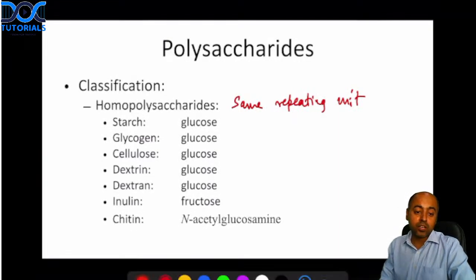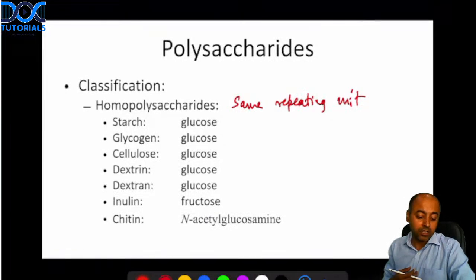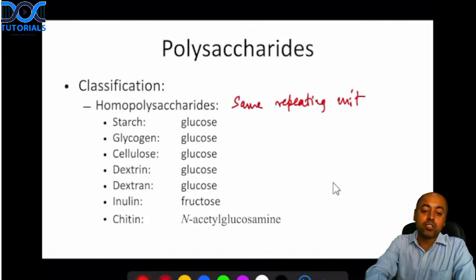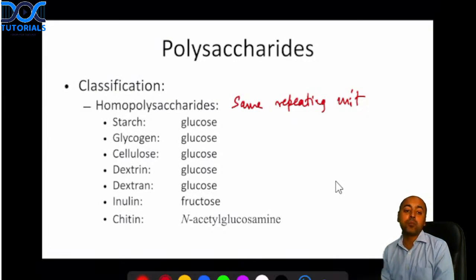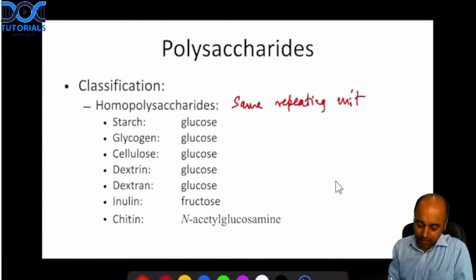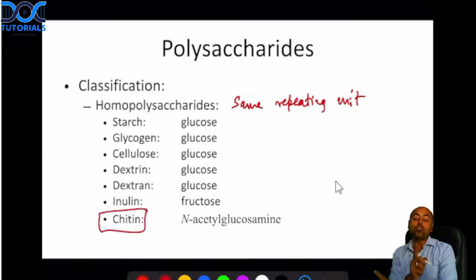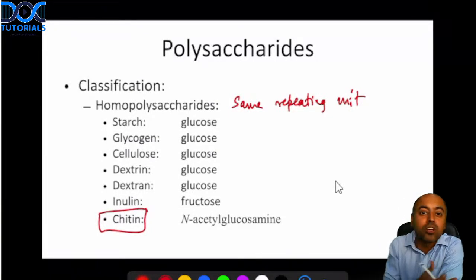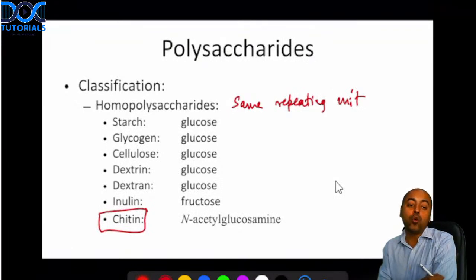For fructose, you can have inulin, and for N-acetyl glucosamine, we have chitin. You have to specifically remember chitin is also a homopolysaccharide. This is where we tend to get confused, thinking chitin doesn't look like a homopolysaccharide. Please remember this is also a homopolysaccharide.